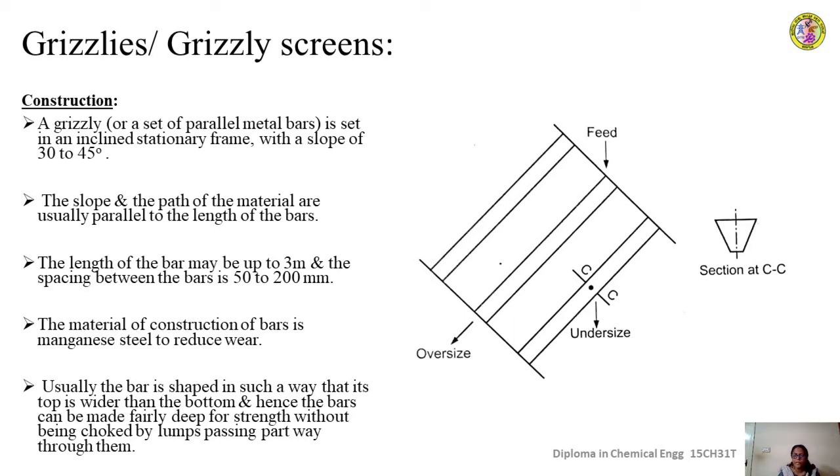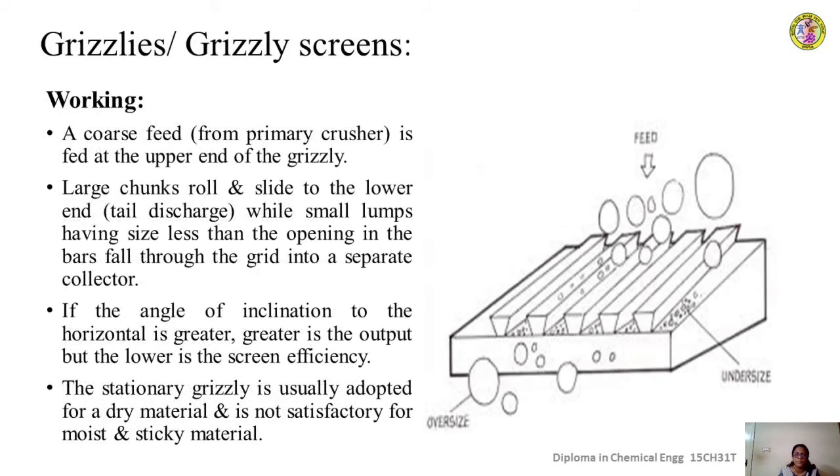At the side you can see the diagram showing the cross section of one single bar. You can see that the top of the bar is wider compared to the bottom. This kind of construction is usually given to the metal bars in a grizzly screen. Okay, coming to how it is operated.